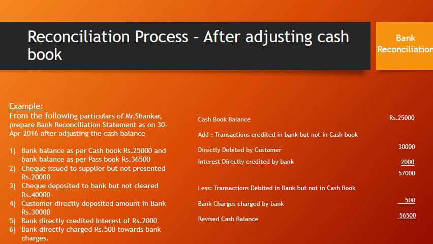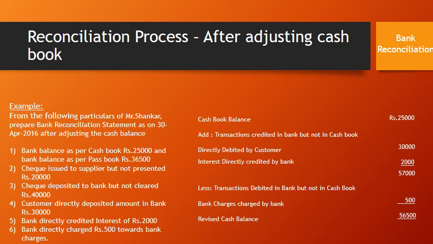The second option, what we discussed, is the reconciliation process after adjusting the cash book balances. So far, whatever we have seen, we have not adjusted the cash book or bank book balance. We just took the actual cash book and passbook, and then we did a reconciliation.